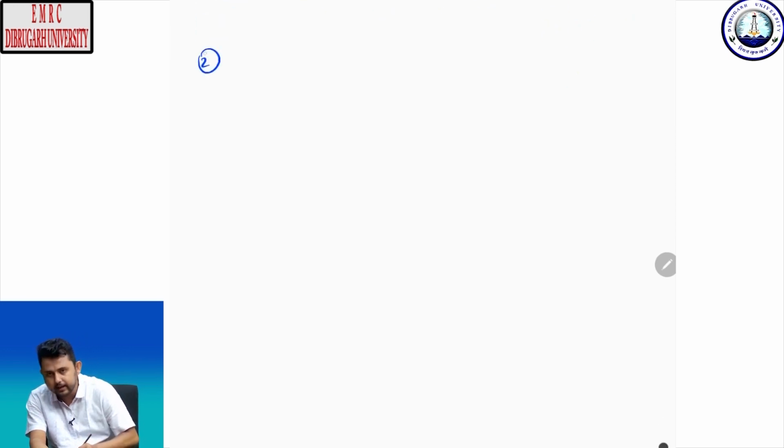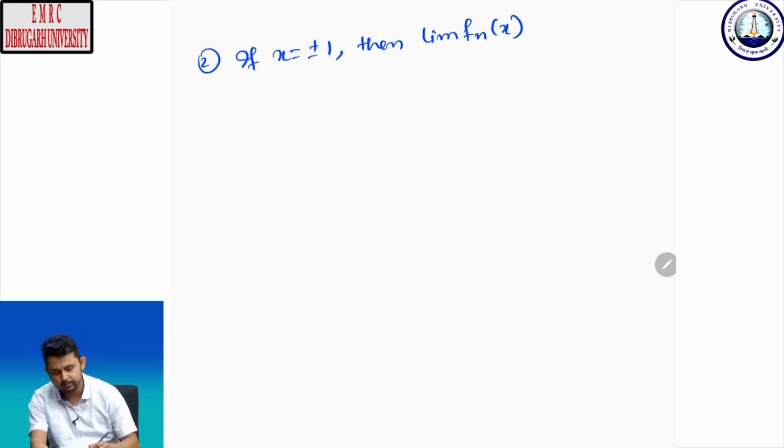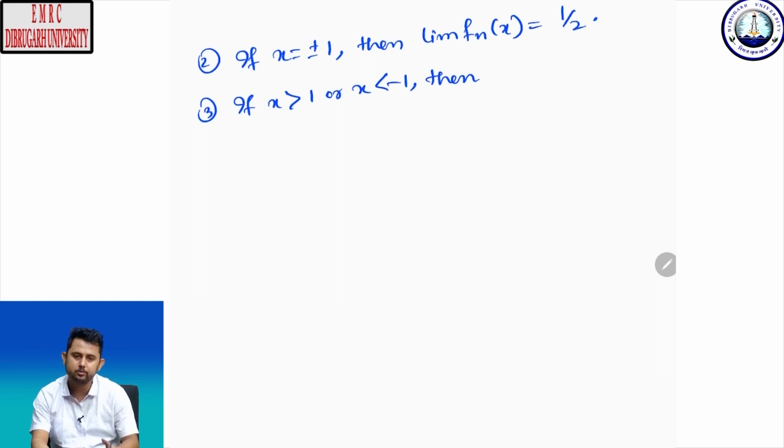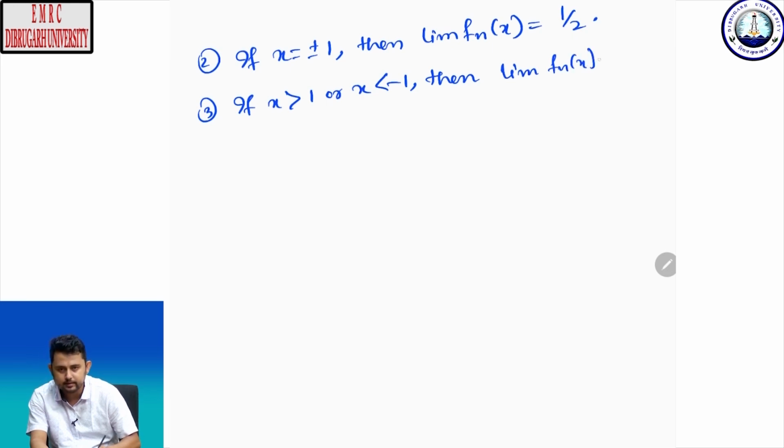The second case is if x equals plus or minus 1, then limit fn(x), similar to the previous case, we can clearly see that this is equal to half. The third case is if x is strictly greater than 1 or strictly less than -1, then clearly since x^(2n) converges to infinity, we can say that limit fn(x) equals 0.